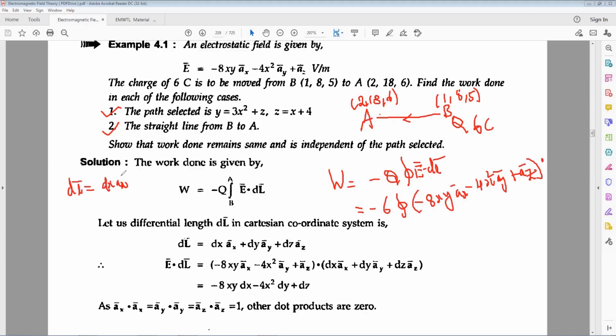dl is dx ax bar plus dy ay bar plus dz az bar. These are differential lengths in the Cartesian coordinate system. So we know the dot product of a unit vector with itself is 1 and the other dot products are 0.